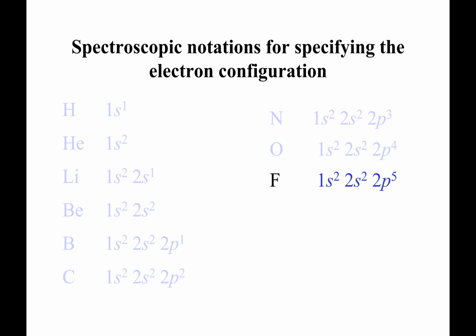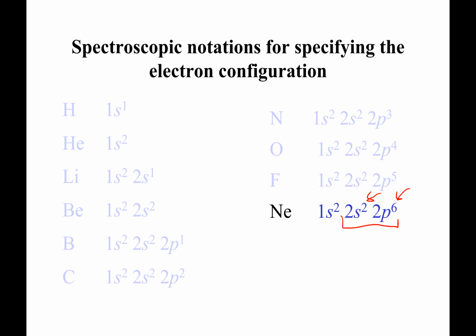Fluorine, 1s2, 2s2, 2p5. Atomic number 7. Wait, sorry, atomic number 9. Okay, atomic number 10, neon. So 1s2, 2s2, 2p6. That rare gas configuration, that complete octet, you can see by these 8 electrons right here.